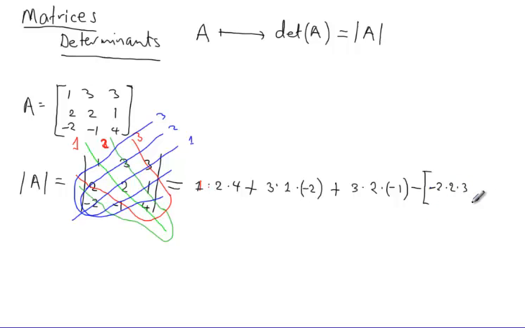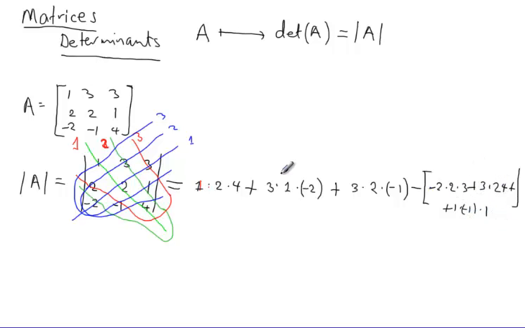Everyone can see that, isn't it? Then you go to number 2 plus 3 by 2 by 4. Plus, let's close the bracket there. We'll put the next thing there. What is that? Plus 1 times minus 1 times 1.